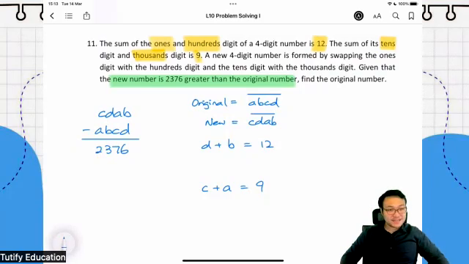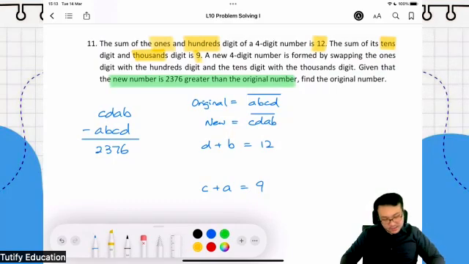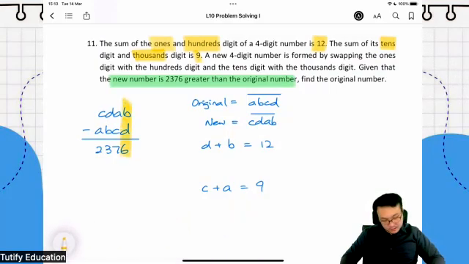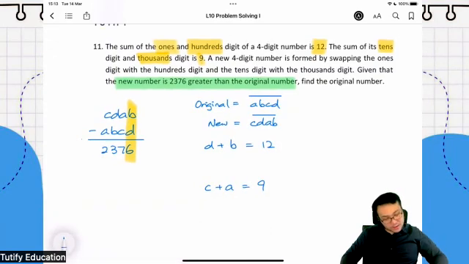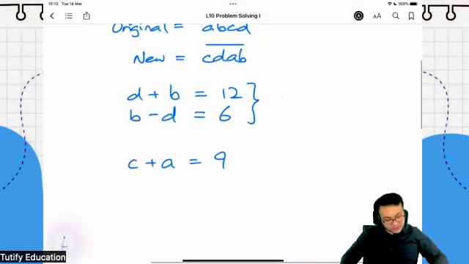Let me ask Kevin. I want you to look at the last row here in the subtraction. From the last row, what can you tell me? D minus D equals what? 6. Then if you look at this together, can I add everything up?